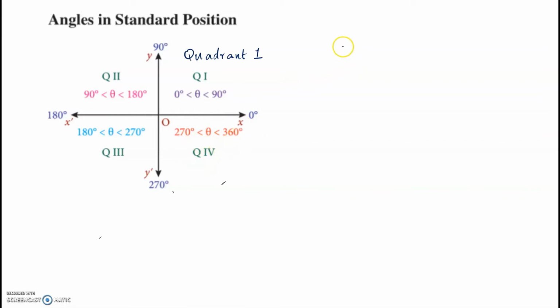Great. So if I tell you 45 degrees, can you tell me which quadrant it is? Yes, you're right. It's in quadrant 1. If I tell you 220 degrees, which quadrant is it? You're right, it's in the third quadrant.